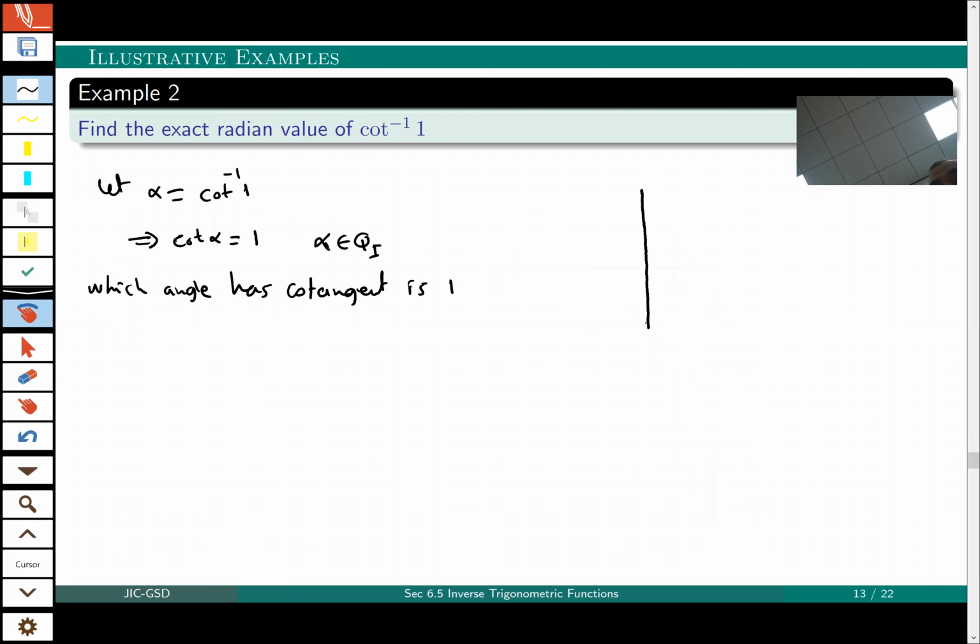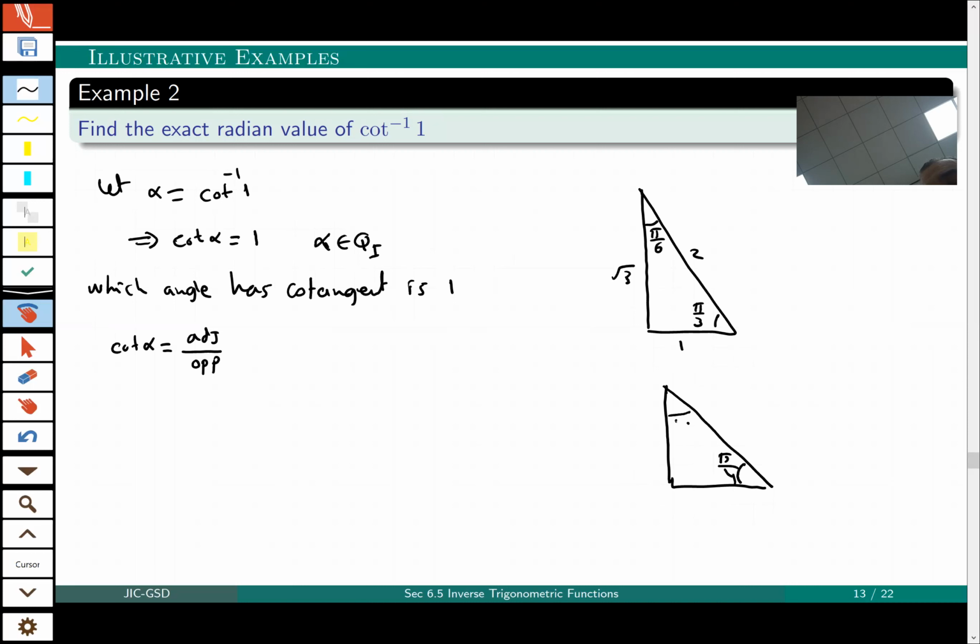If we go to the famous triangles we had, this is pi over 6, that's pi over 3, this is 2, 1, square root of 3. None of them will give me cotangent alpha, which is adjacent over opposite, equal to 1. The only one that will give me 1 is the pi over 4 angle, because that's pi over 4, with sides 1, 1, square root of 2.